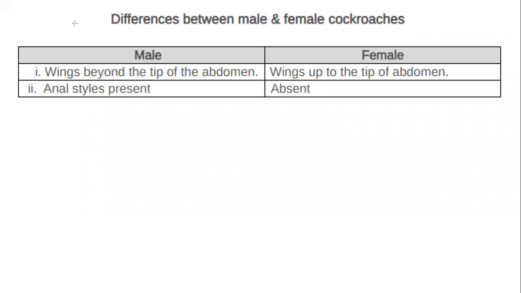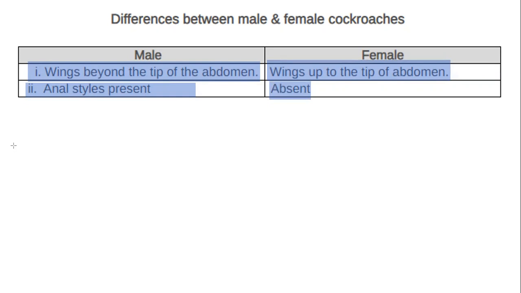Differences between male and female cockroach. The difference that we are going to learn right now, male on the left side and female on the right side. The first difference is that the wings go beyond the tip of the abdomen in case of male cockroach, and in female cockroach the wings reach up to the tip of the abdomen. In case of males, anal styles are present, and in case of females anal styles are absent.